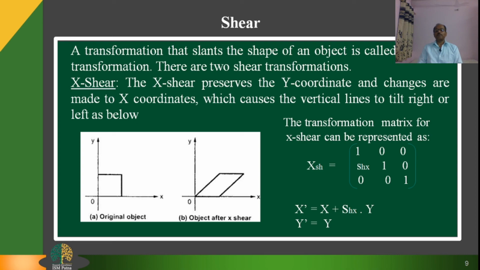And finally, we find that X dash, I mean the new position, the new appearance of the object, is equal to X plus SHx multiplied by Y, whereas Y dash is equal to Y, the original.